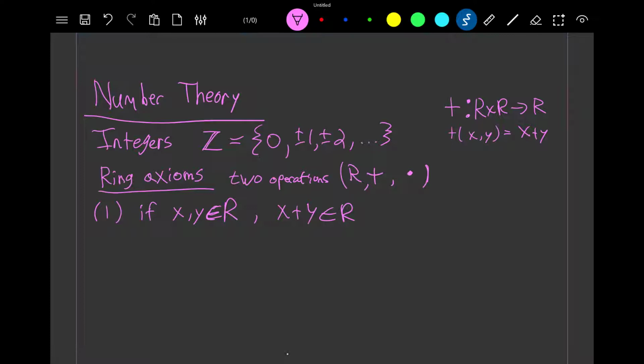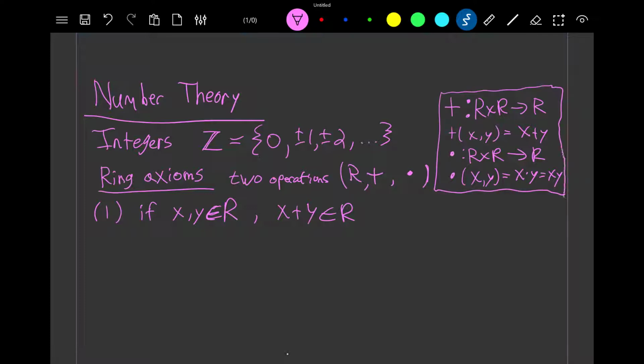And similarly, the multiplication is also a function from R cross R to R. That just means if you multiply two numbers, x and y, this is x times y, and sometimes we'll just write xy. So this is what it really means when we say plus and times. They're just functions from the Cartesian product to the ring. So if you add the two, you stay in there.